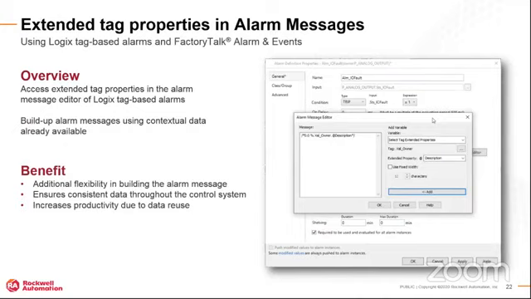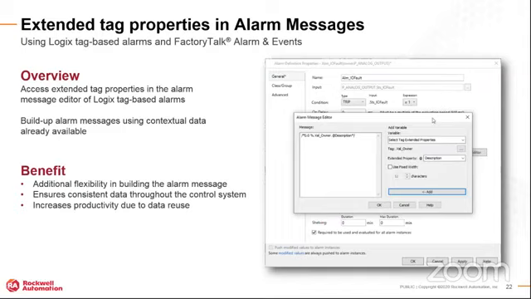And just as so, the capability of using the extended tag properties metadata is a feature that's in the alarm messages as well now. So again, contextualizing that data and taking out the guesswork when diagnosing and troubleshooting by having that additional information there is pretty key.